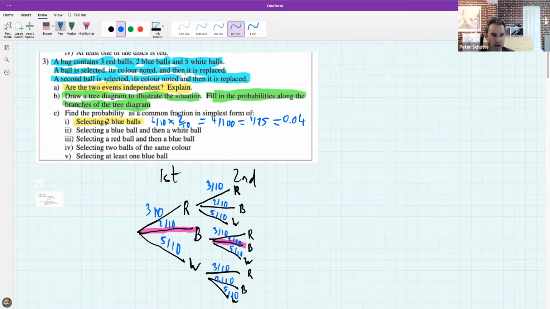I want to know now, what is the probability of selecting a blue ball and then a white ball? So a blue ball and then a white ball.